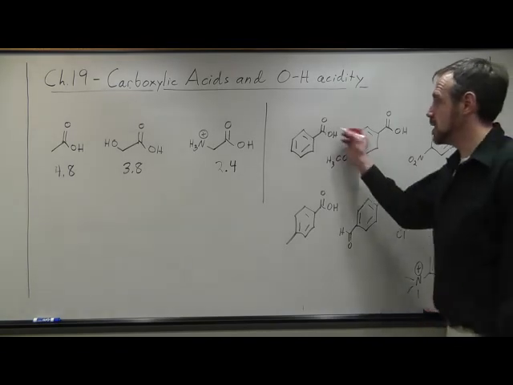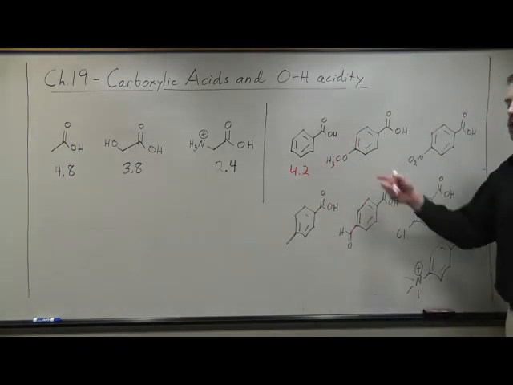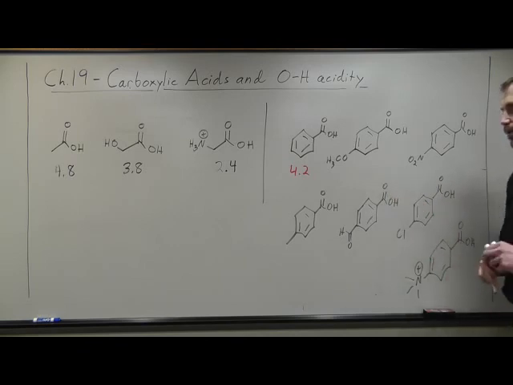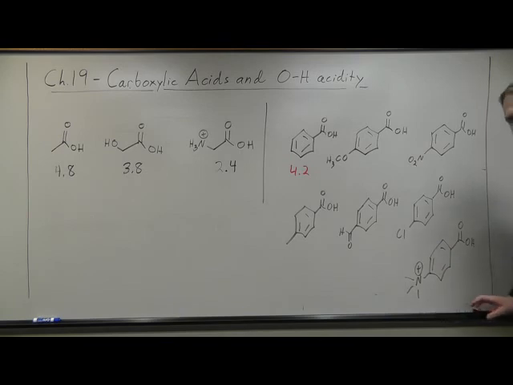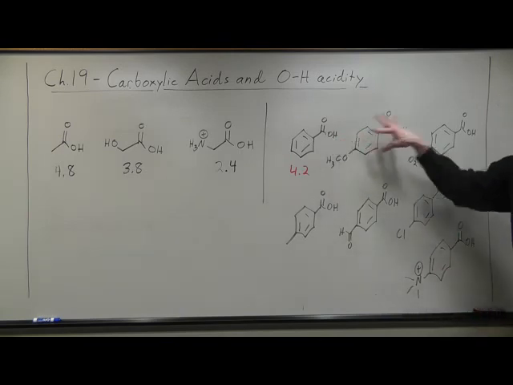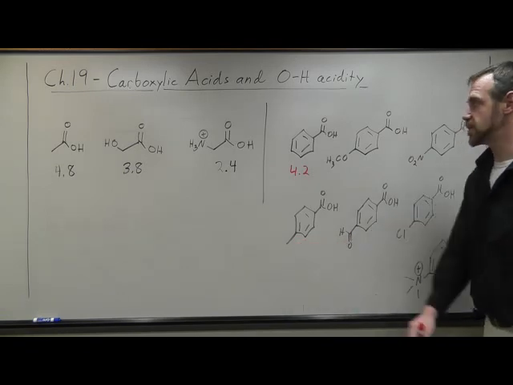Okay, so benzoic acid has a value of 4.2. And I'm going to label these two examples. You might think about what you would expect for those two. And then I want you to rank the following 4 examples as best you can compared to this series above, thinking about the electron donating or withdrawing nature of the substituent.